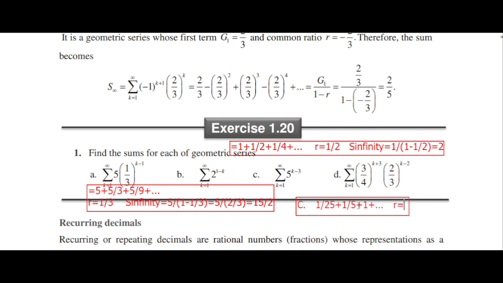From this, let's compute R. R is equal to this divided by 1 over 25, so 1 over 5 over 1 over 25. After simplifying, we get R is 5, sorry. R will be 5.